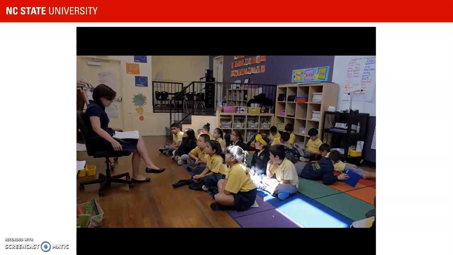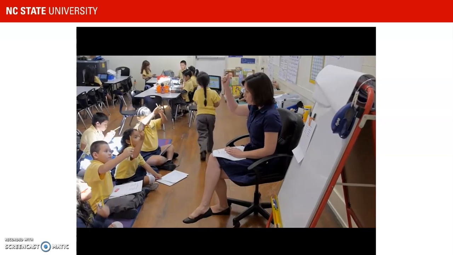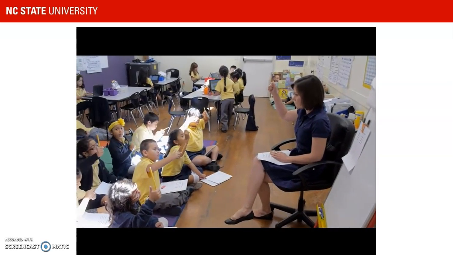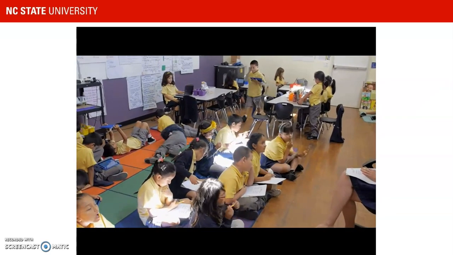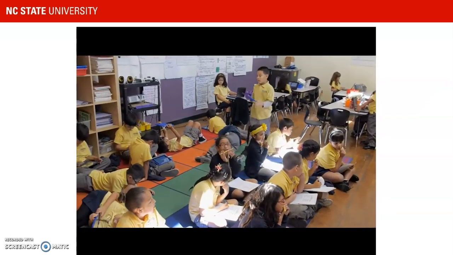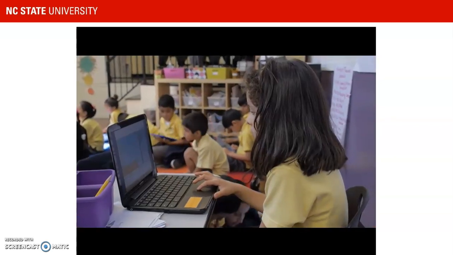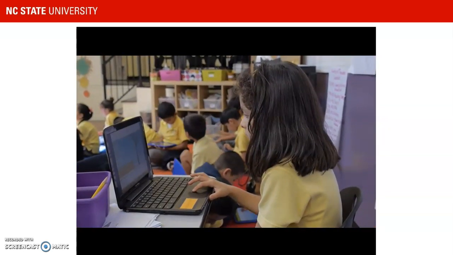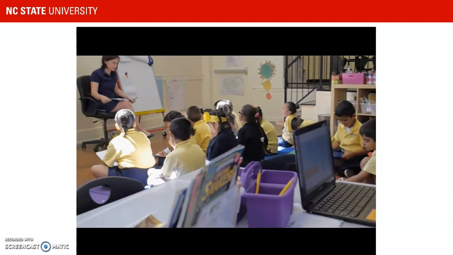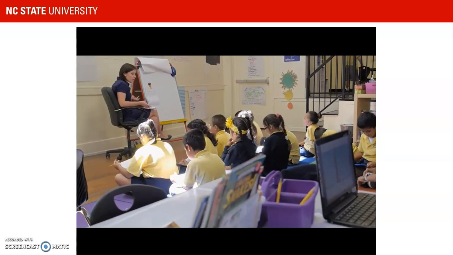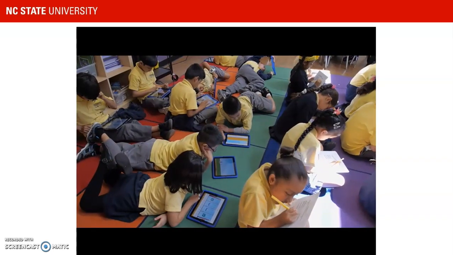In the back of the class, there's another group working on iPads, and over to the side, yet another group collaborating, utilizing technology. Sometimes utilizing technology is done in groups and other times individualized. At each station, students are engaged and practicing new skills, building their understanding.